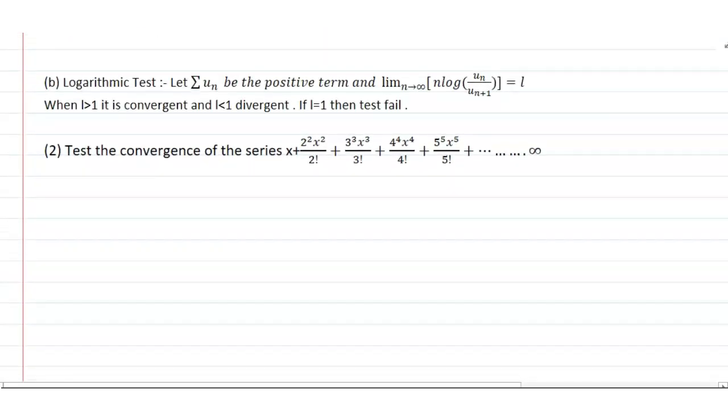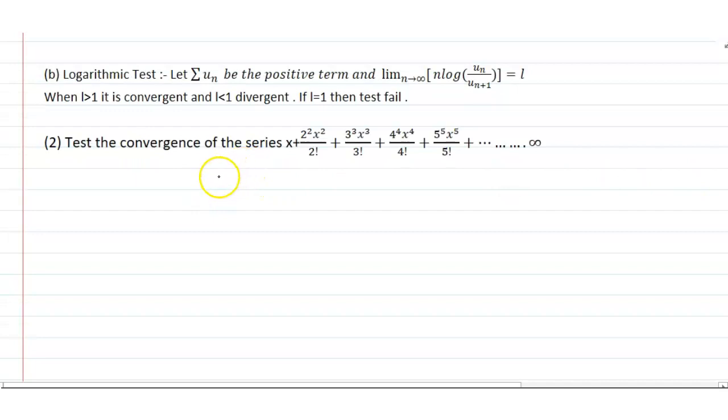So friends, next we will go to the logarithmic test.